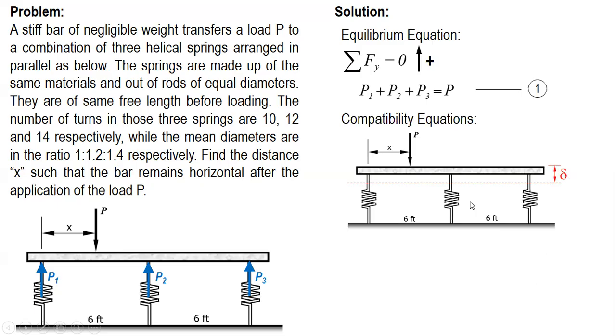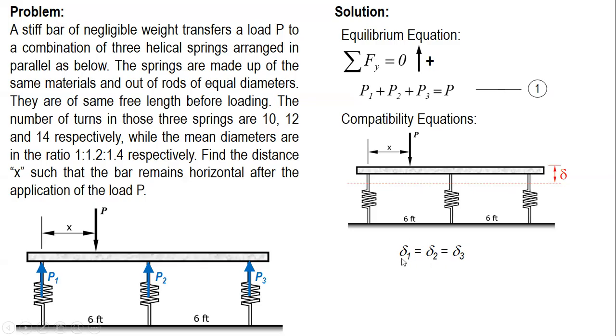Same delta. So delta 1 equals delta 2 equals delta 3. Okay. So we have three unknowns, P1, P2, P3. So we need three equations. We already have equation 1. So we need 2 more equations.